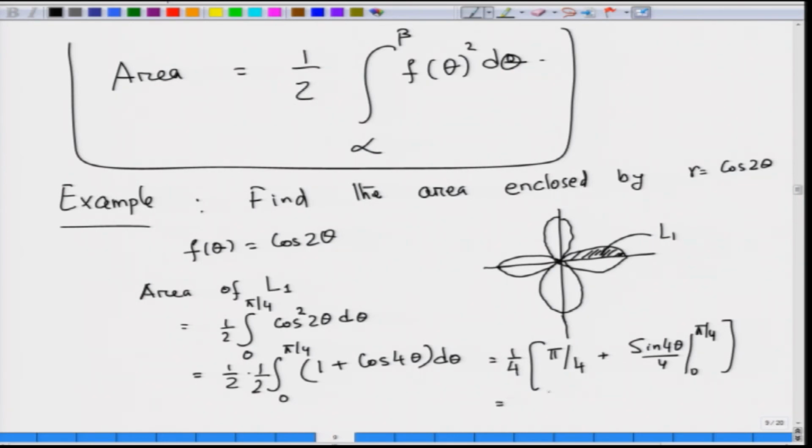So, this is nothing but pi by 8, pi by 16. So, the total area is equal to 8 into pi by 16, which is equal to pi by 2. So, the area of this enclosed region of r equal to cos 2 theta is going to be pi by 2.